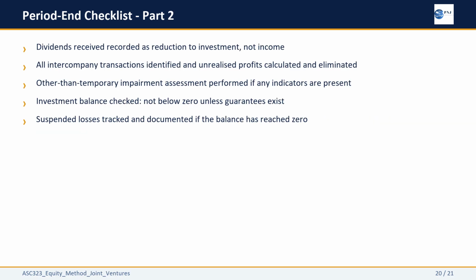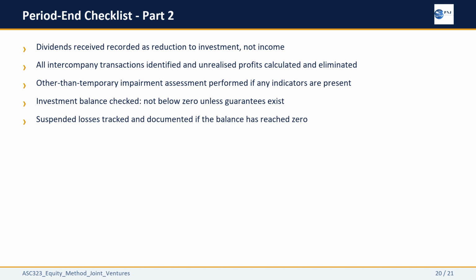The second part of the checklist covers dividends, intercompany, impairment, and the zero balance test. Verify that every dividend received this period reduced the investment balance rather than flowing to income. Confirm that all intercompany transactions have been identified and that unrealized profits have been eliminated.